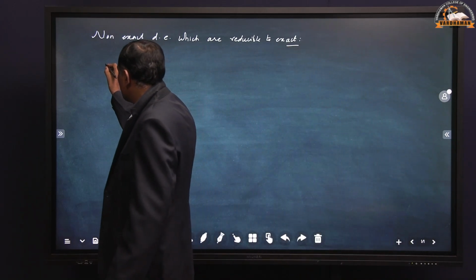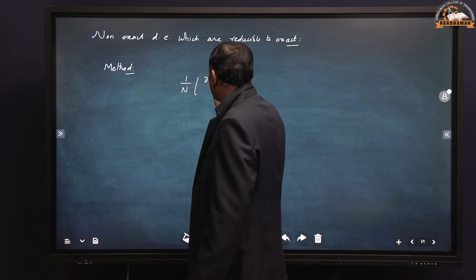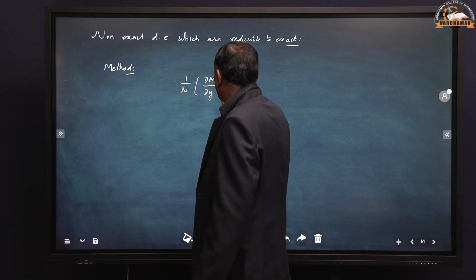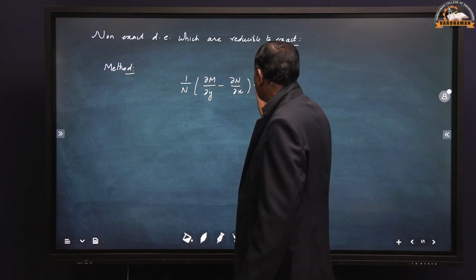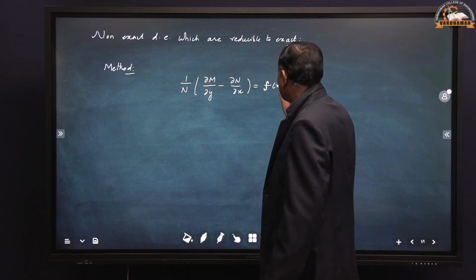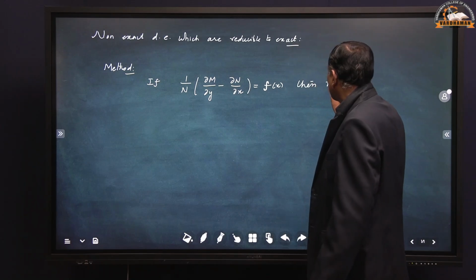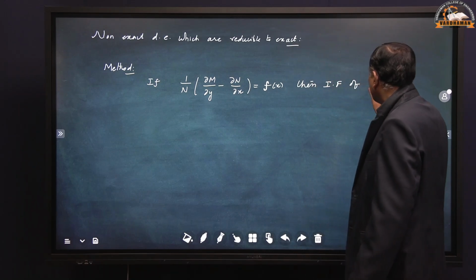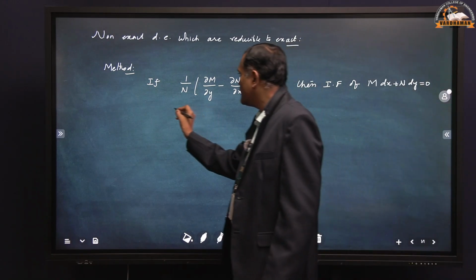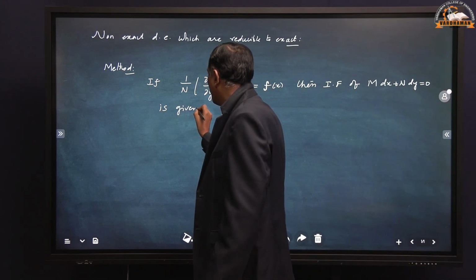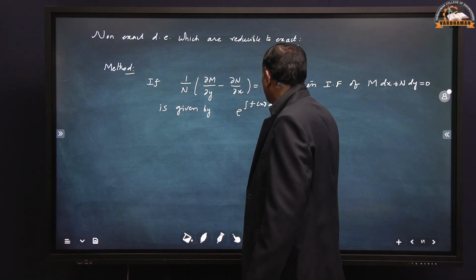One of the methods is, if 1 by n times (dou m by dou y minus dou n by dou x) is a function of x, then the integrating factor of m dx plus n dy equal to 0 is given by e power integral f of x dx.